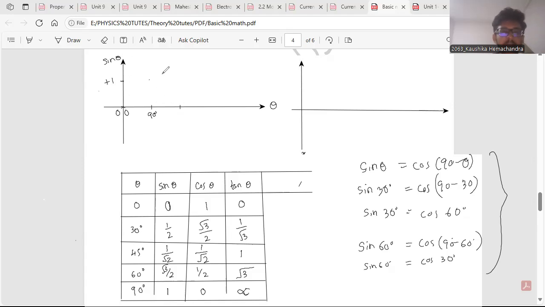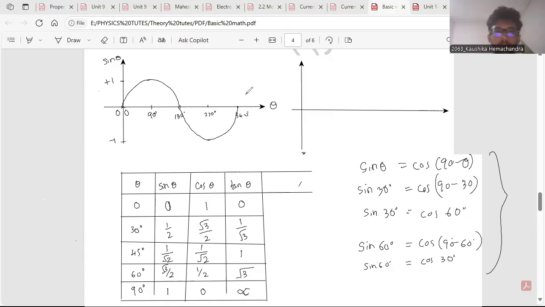When theta is 180 degrees, sin theta again comes to 0. At 270, another 90 on, it will come to -1. And at 360 degrees, it will again come to 0.